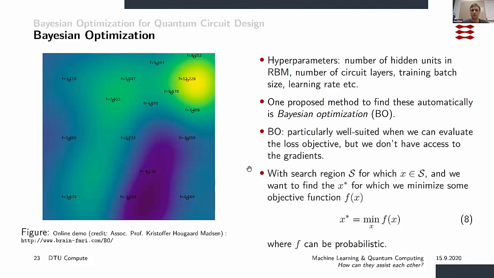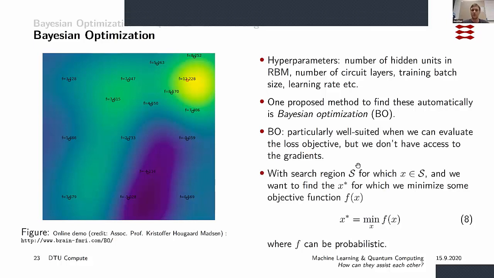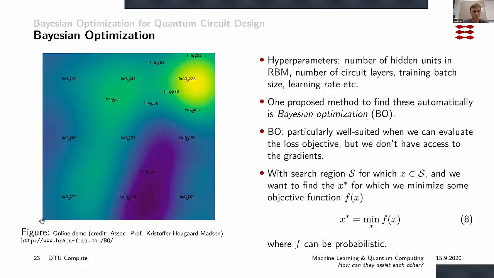To be a little bit more formalized, we can imagine that we have what's called a search region S, and the search region here corresponds to this axis right here, and then this axis right here. This is my search region, this entire space. And now we want to find the X, and in this case, that is the combination of this right here and this right here, i.e. a point on this search grid that minimizes some function.